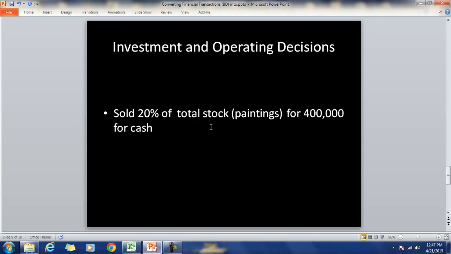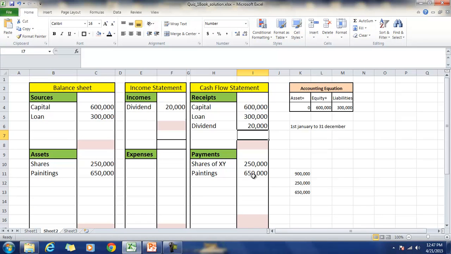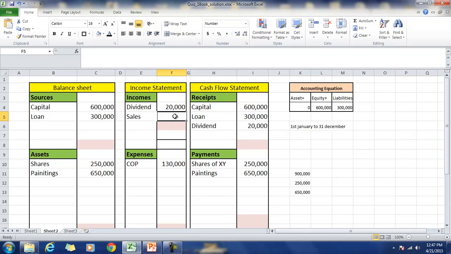Sold 20% of the paintings for 400,000. So the cost of the paintings sold is 20%, that is 130,000 worth of paintings, and they sold it for 400,000 in cash.